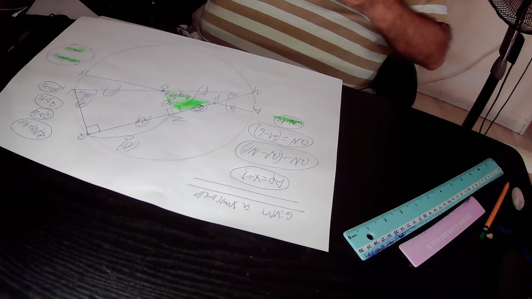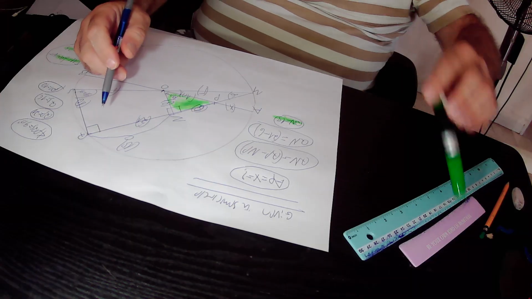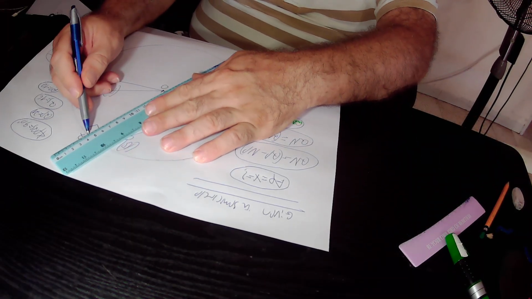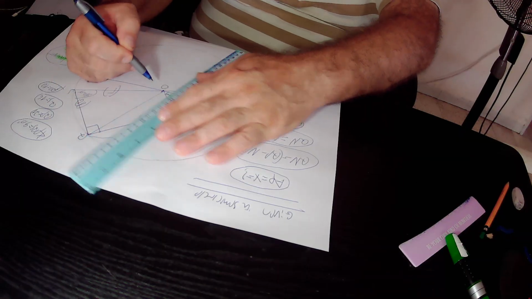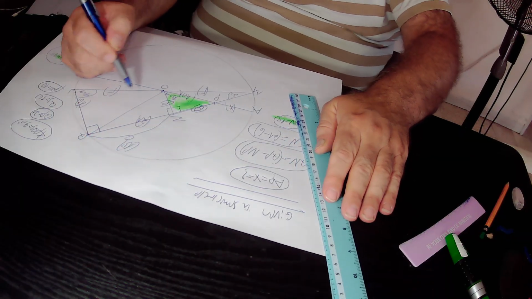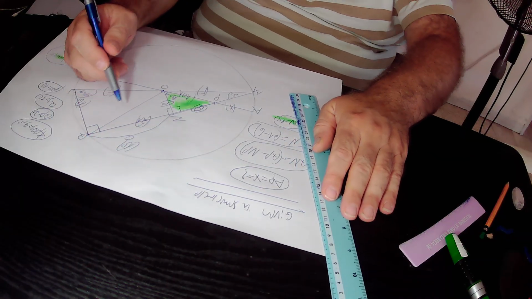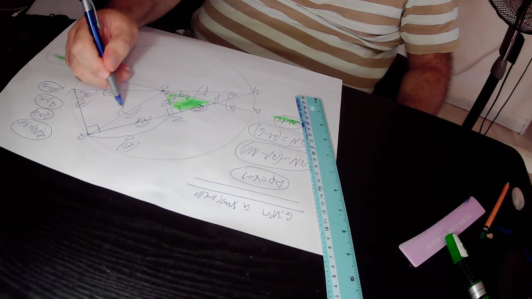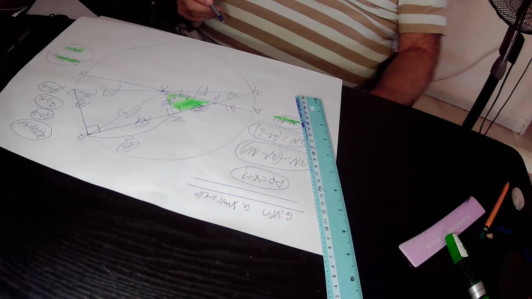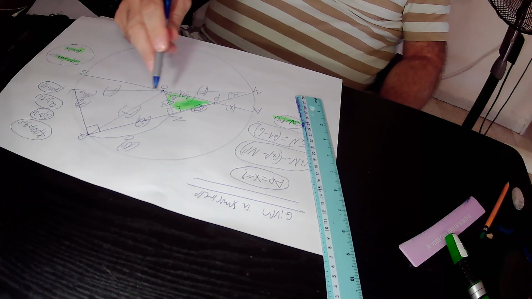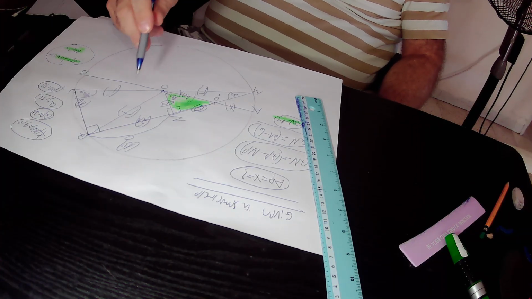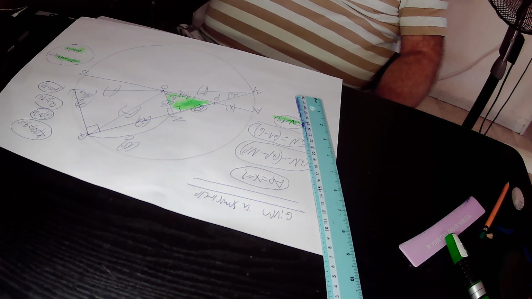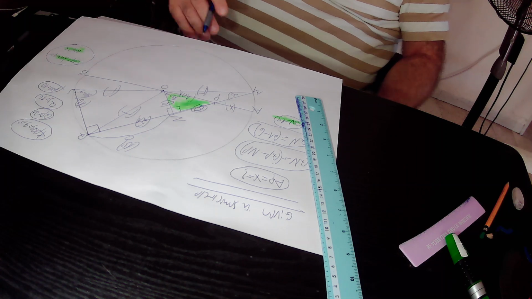In the next step, we join points O and Q together by a straight line. Point O is the center of this circle, point Q is a point on the circle itself, therefore OQ is the radius of this circle, that is equal to R according to our definition. In the next step, I'll copy the right triangle ONQ onto a new page, and we'll implement the Pythagoras theorem on this right triangle ONQ.